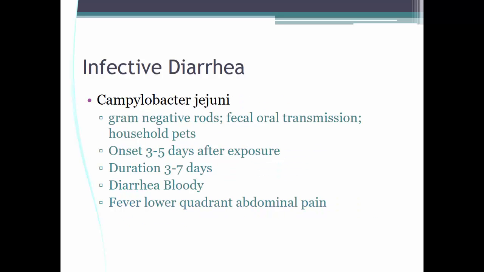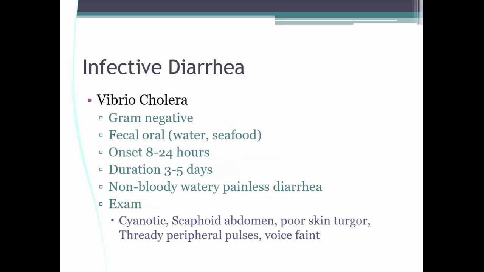Campylobacter is another type of infective diarrhea. It is mostly transmitted by fecal oral transmission from household pets. Duration is 3 to 5 days, and they also have bloody diarrhea, fever, and lower quadrant abdominal pain. Cholera: mostly non-bloody, watery, painless diarrhea.